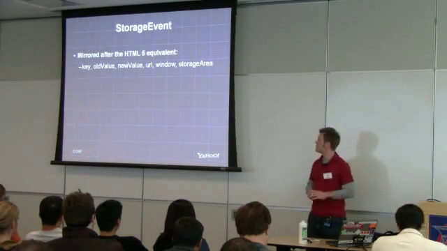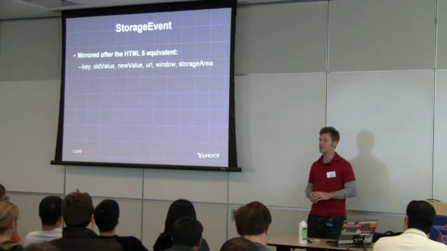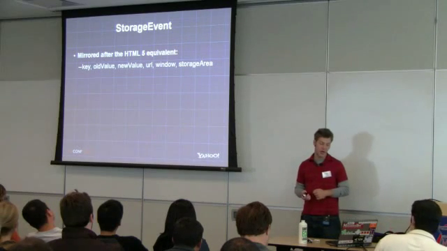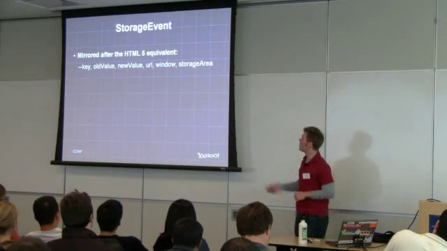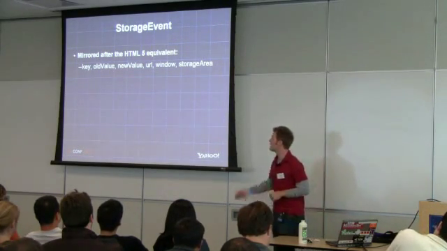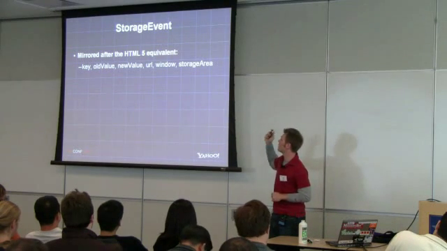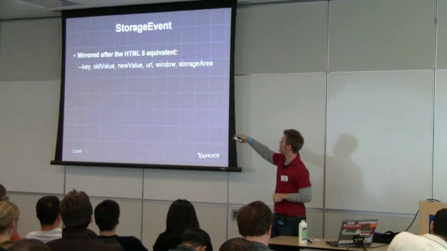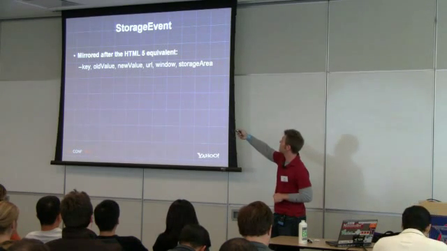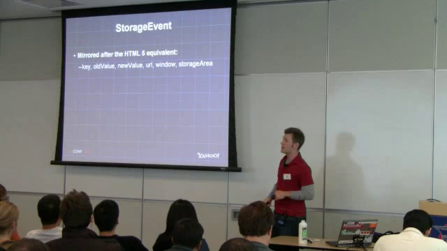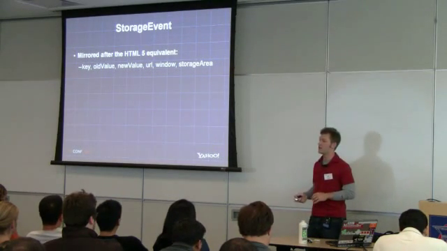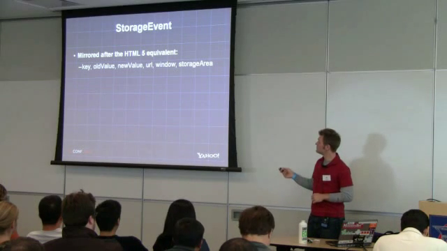So the next object is the storage event object. This is mirrored after the HTML5 storage event object. So it has all the same values that that object has: the key, the old value, new value, URL, window, and storage area. Those first few probably explain themselves. The storage area is going to be a pointer back to the storage engine that was used to generate this event.